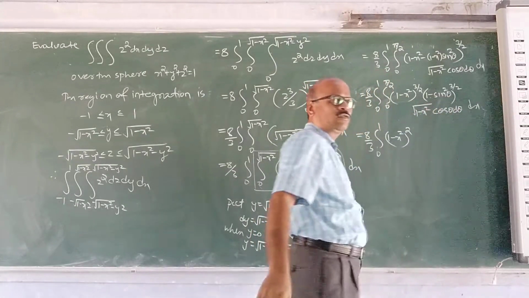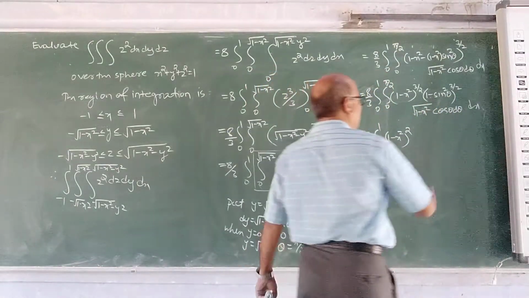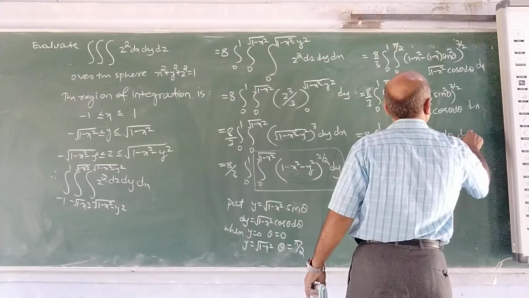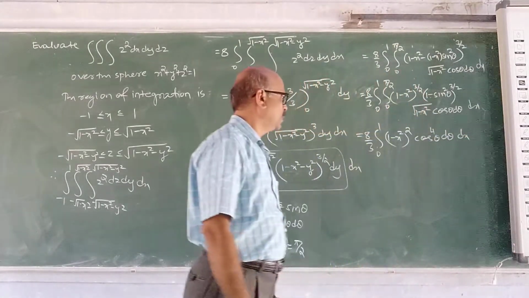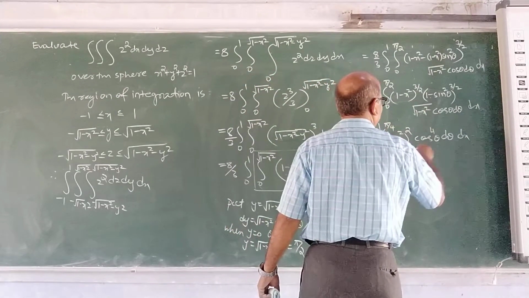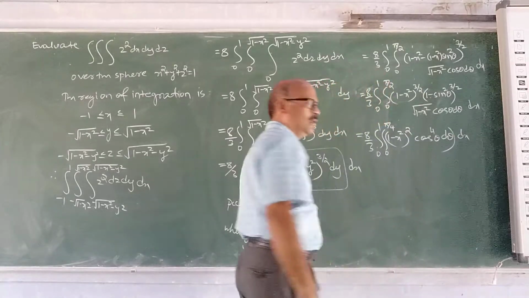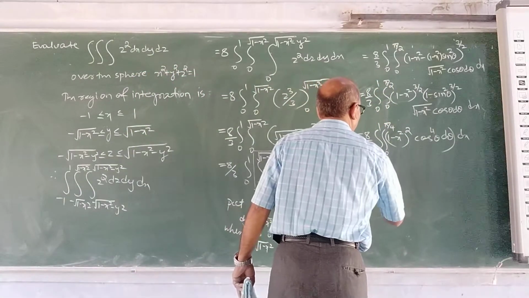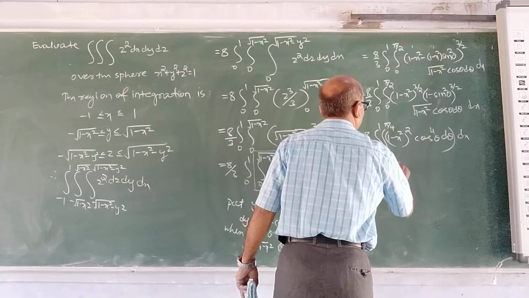What is 1 minus sin square? Cos square. So cos theta raised to 4 with respect to theta, with respect to x. 0 to pi by 2, not integrated here. So 8 by 3, integral 0 to pi by 2.